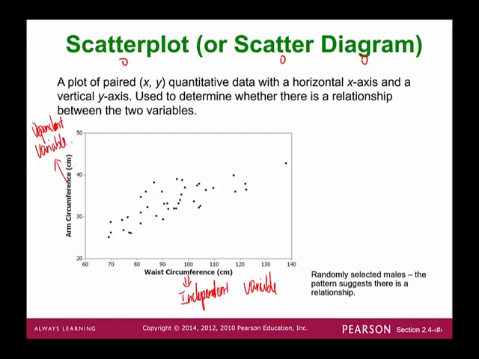Arm circumference depends on the waist circumference. So horizontal axis and vertical axis. You get ordered pairs, and each ordered pair becomes a dot on the graph.